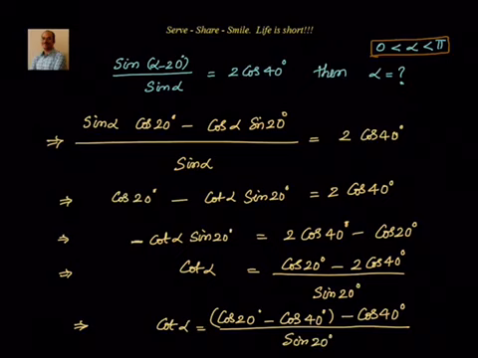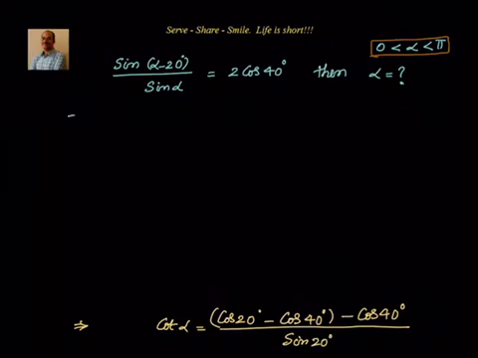Next step will be cot alpha equal to cos 20 minus cos 40, that is cos D minus cos C. Here C is actually 40 and D is 20.